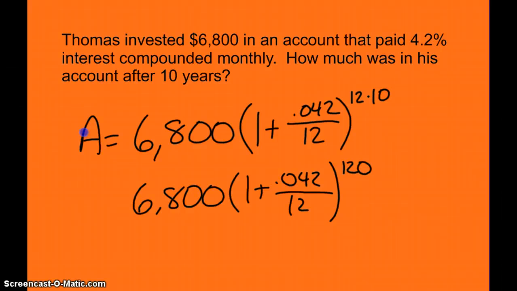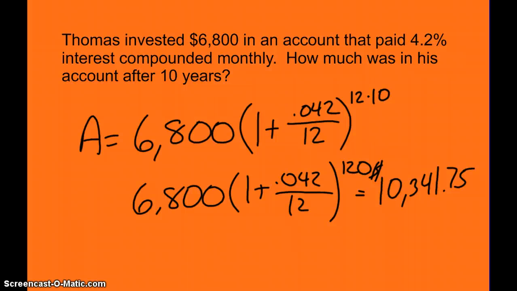So if you plug that into your calculator, like I said, you can plug it in exactly the way it looks, and it will give you an answer of $10,341.75. Obviously in these cases we're talking about money, so we would round to 2 decimal places, and that would give us an even value for cents.